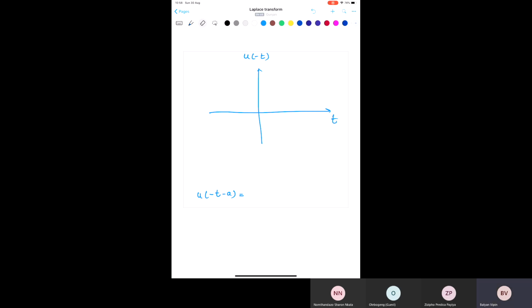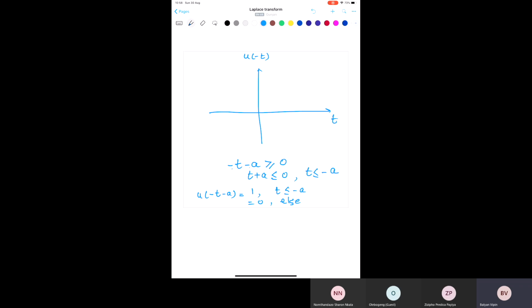So if you have -t - a ≥ 0, this means t + a ≤ 0. If I take minus common, the sign will change. So you can say t ≤ -a. This signal is 1, and 0 else. In this way you will solve any unit step function.